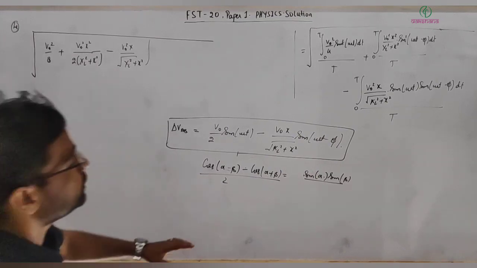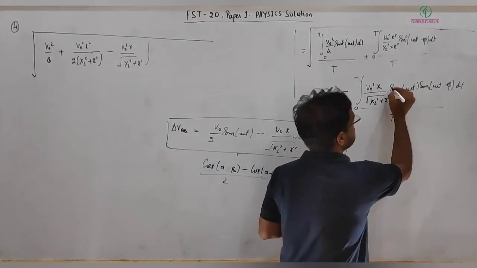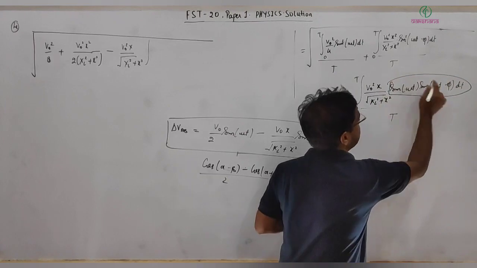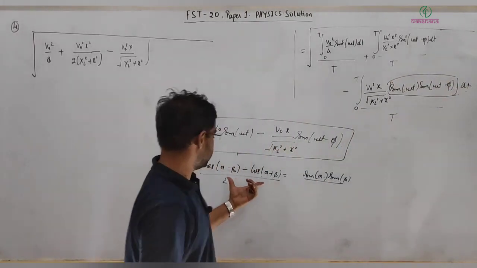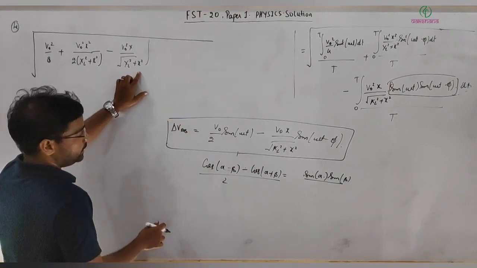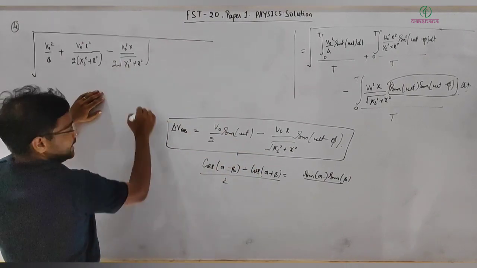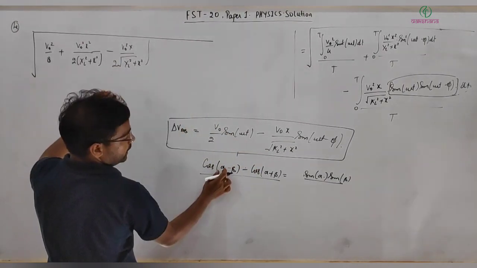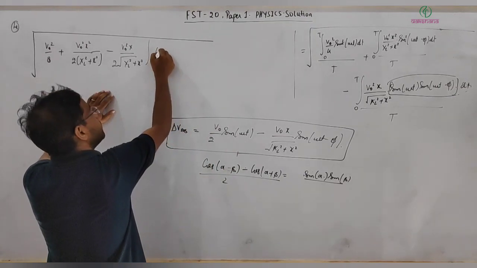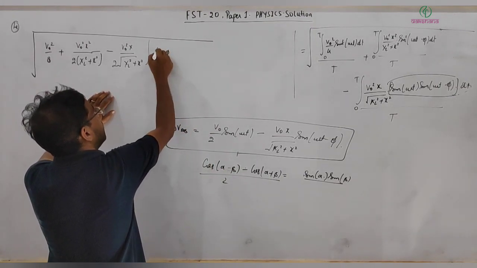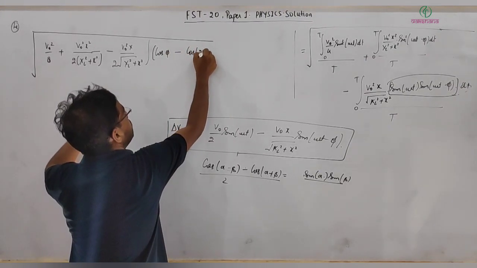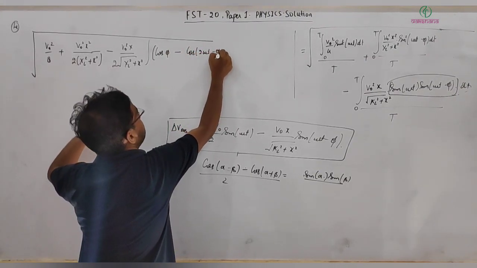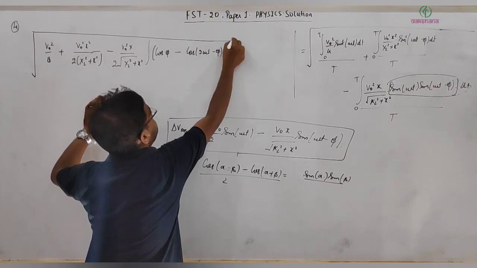See here, this term dt can be written as this. So if I am writing it here, then 2 will be there and this will be cos alpha minus beta, then I will be getting cos phi only, and minus cos of 2 omega t minus phi into dt.